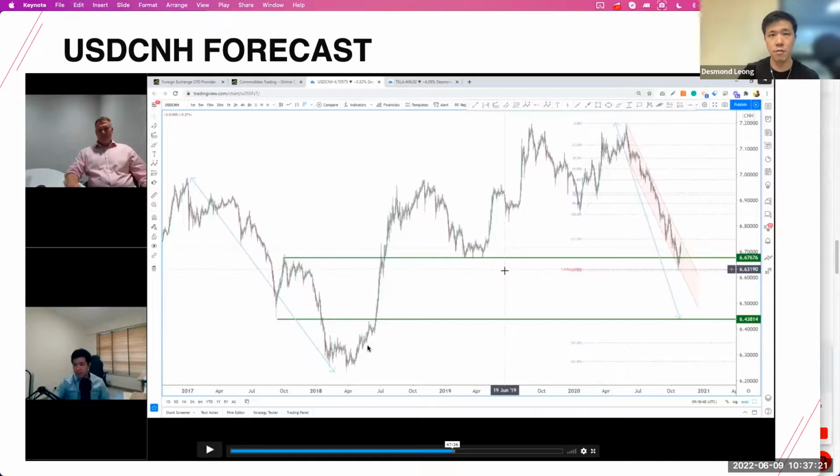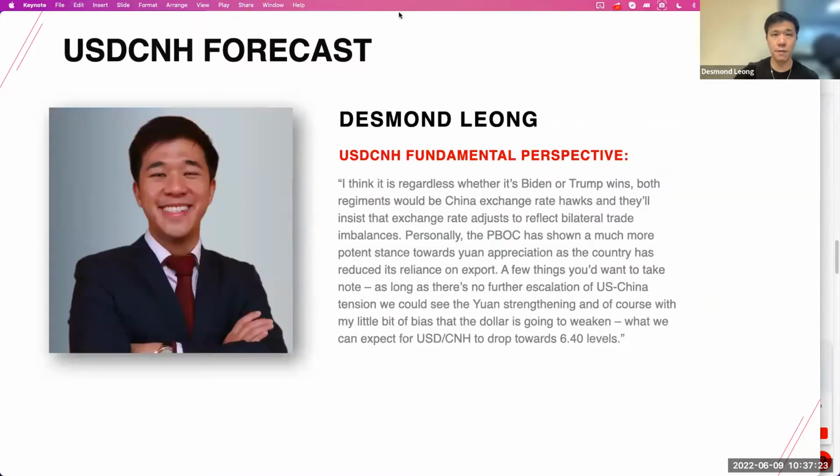We then looked at it from a fundamental perspective. This is what I said: I think regardless of whether Donald Trump or Biden wins, both regimes will be China exchange rate hawks, and they'll insist that the exchange rate adjusts to reflect bilateral trade balances.